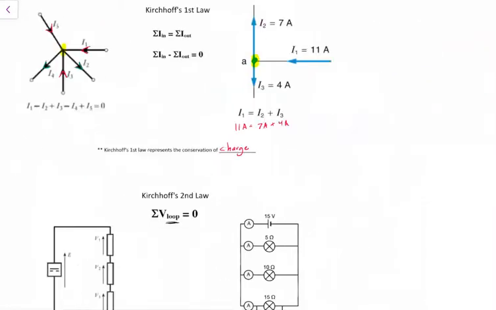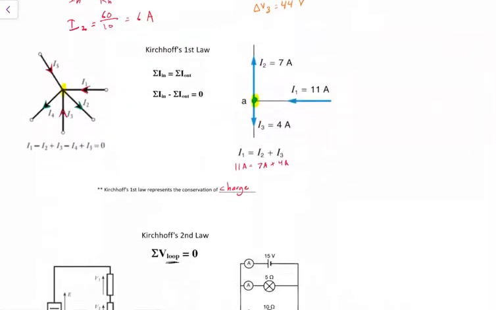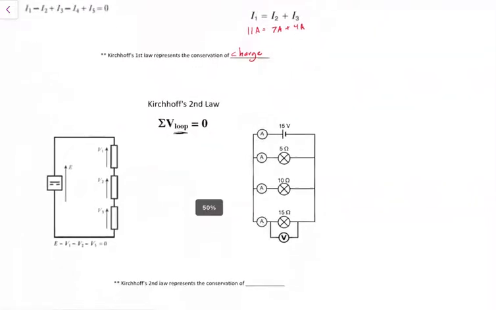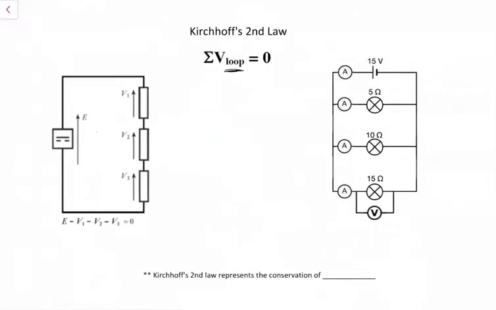All right, we've applied this before. But this second law is the one that's a little tricky to use. And we're stating that in a loop, in a circuit loop, such as the one I'm drawing right now, the sum of the voltages is equal to 0.